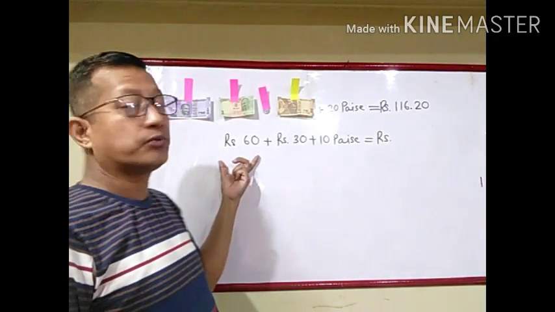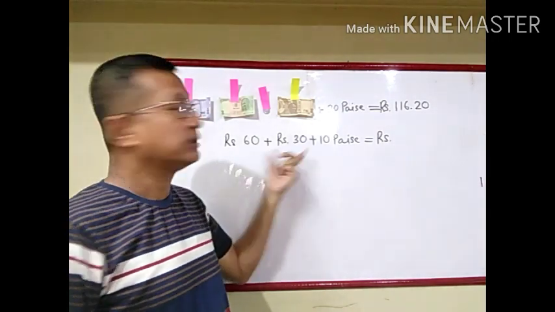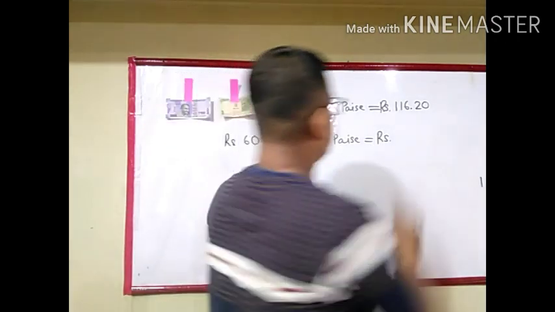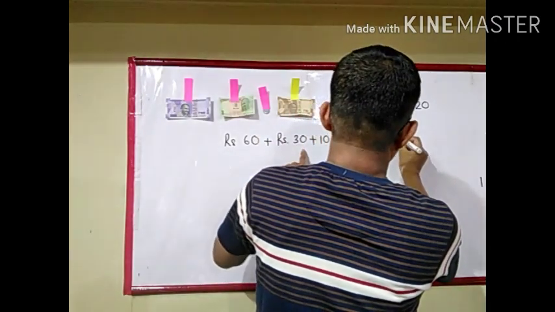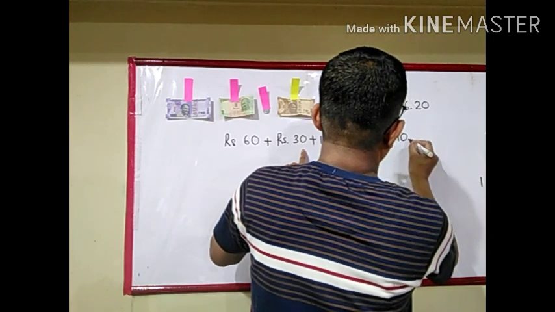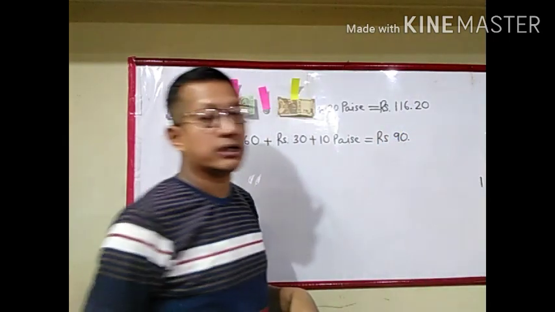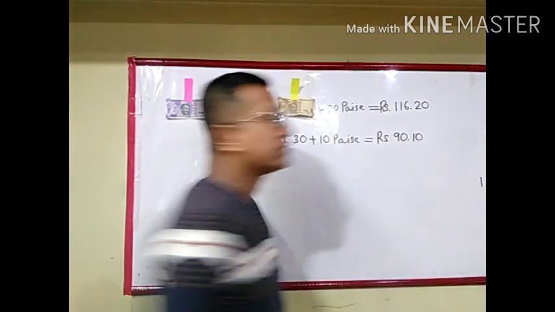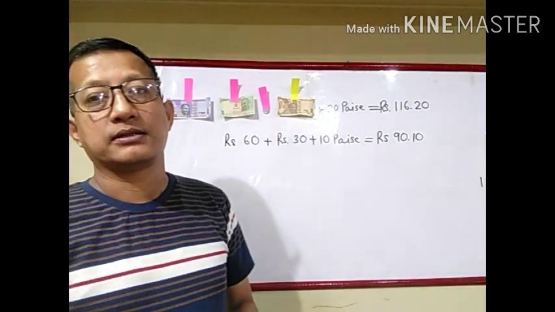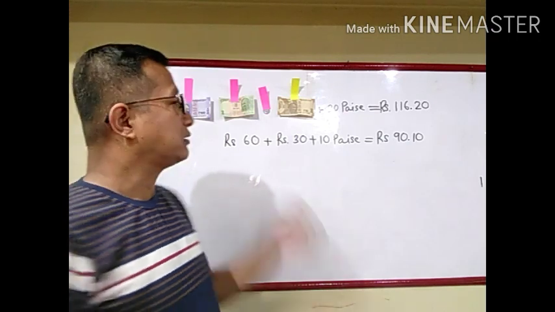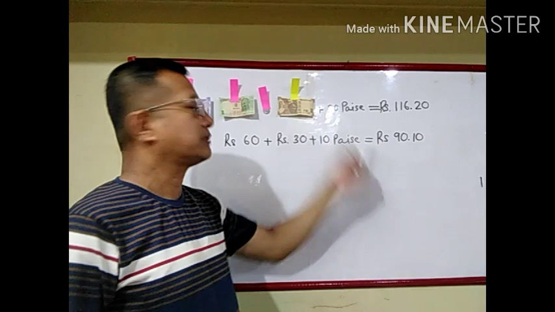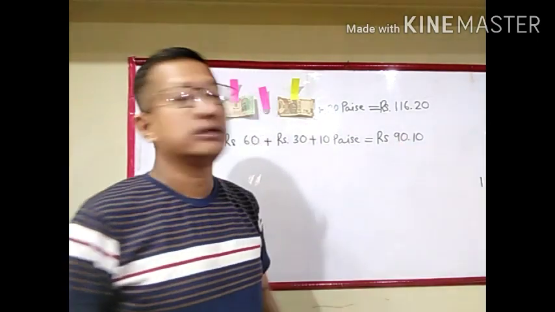So before the decimal you have to write rupees, and after the decimal you have to write the pies. Rupees 60 plus 30, 90 rupees, and give here a decimal point, and after the decimal you have to give 10 pies. Clear? So this way you have to write.